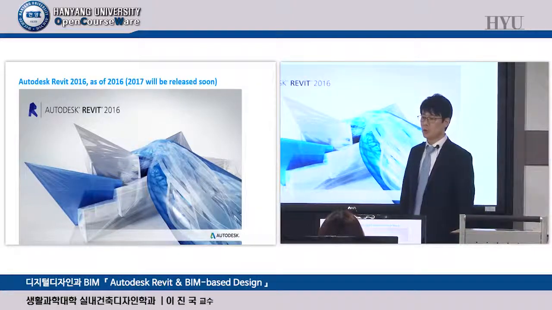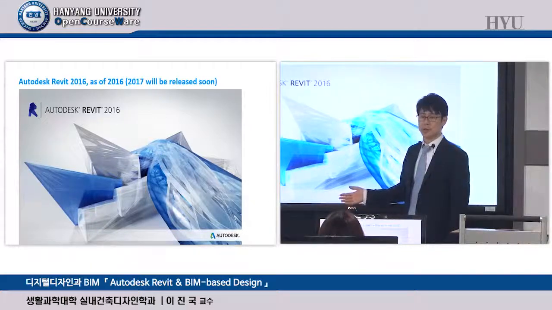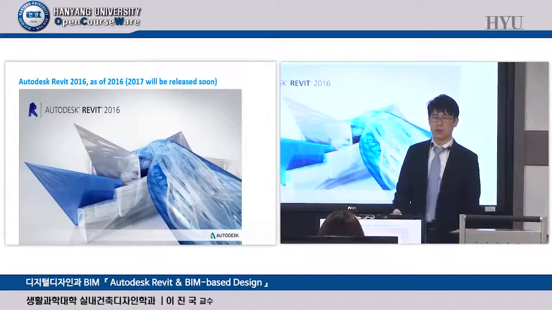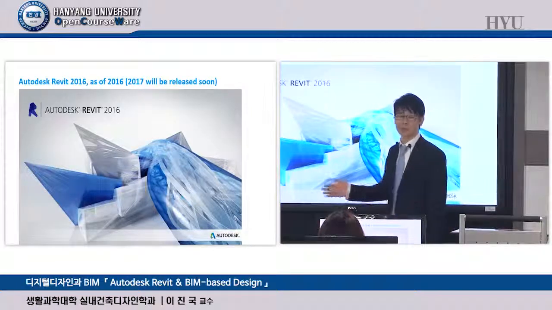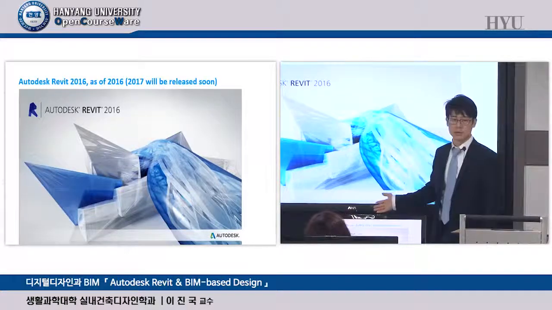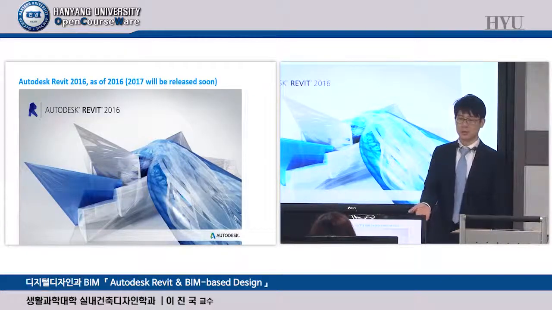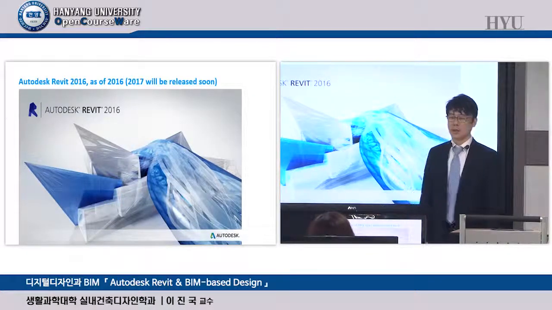But anyway, a computer cannot determine or make the final decision, and a computer doesn't have any responsibilities. Thanks to that fact, designers and architects are still needed, because you have responsibilities for your design.